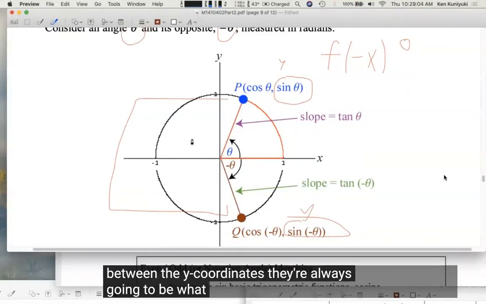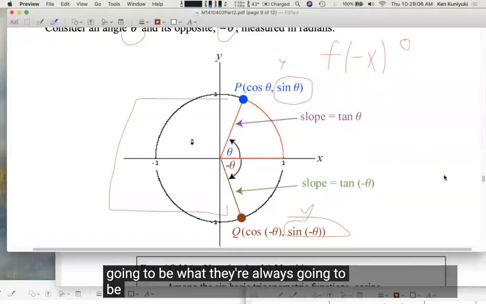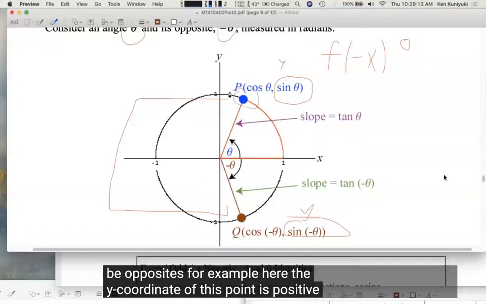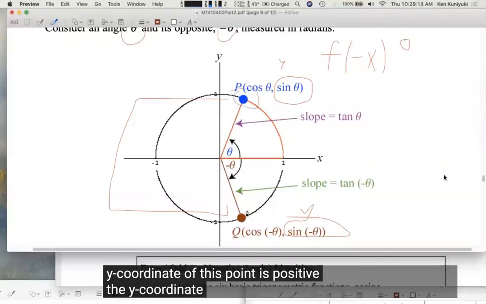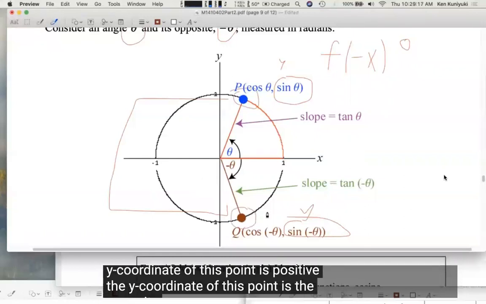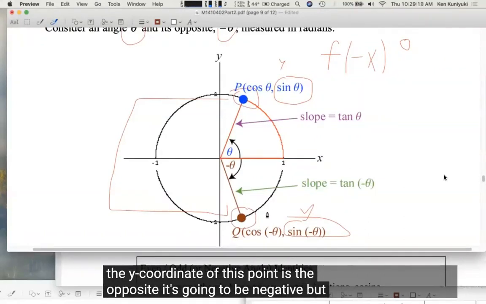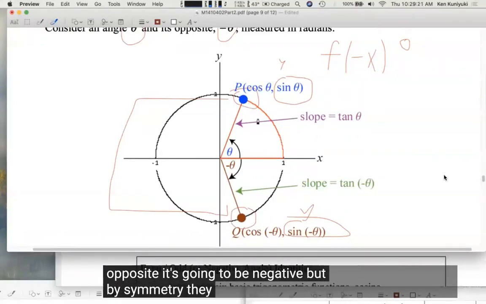They're always going to be opposites. For example, here, the y-coordinate of this point is positive, the y-coordinate of this point is the opposite. It's going to be negative. But by symmetry, they are going to be the same in absolute value. They're going to be opposites.